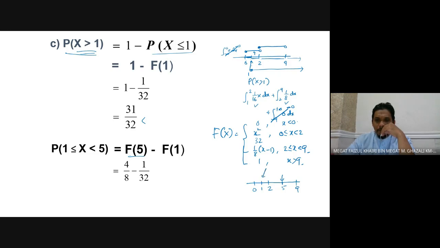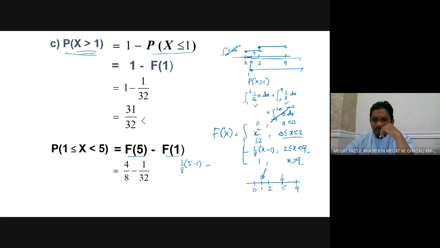So then, for F5, 5 lies in between the domain of 2 until 9, and the function is 1 over 8, x minus 1. So substitute x with 5 here: 1 over 8, 5 minus 1, minus F1. F1 lies in between the domain of 0 until 2.